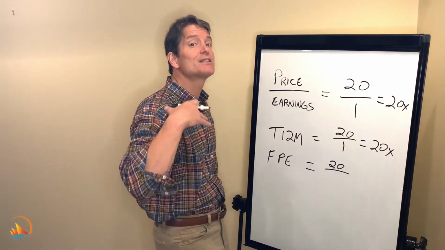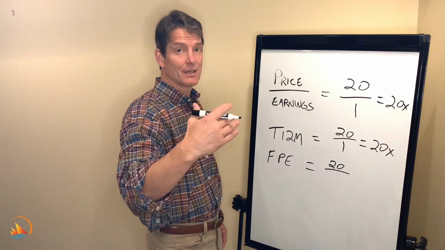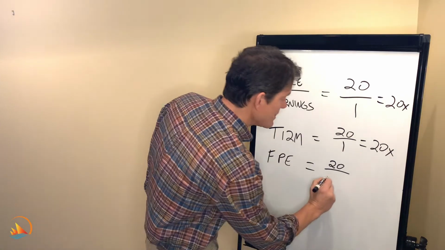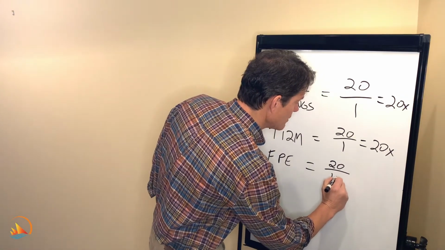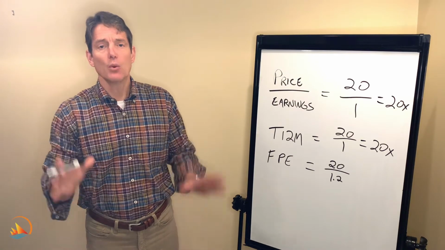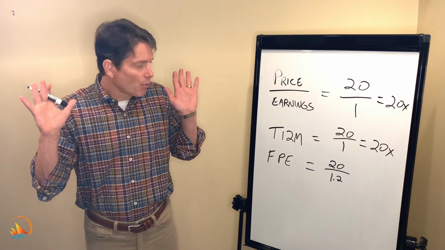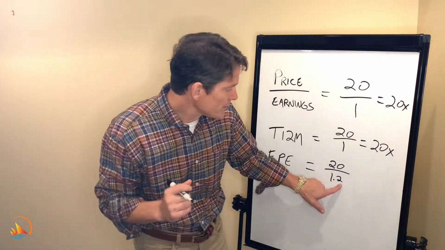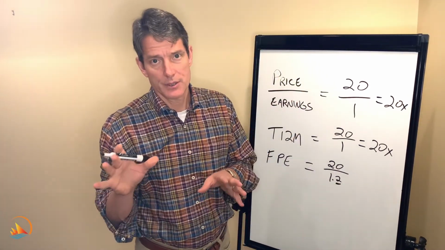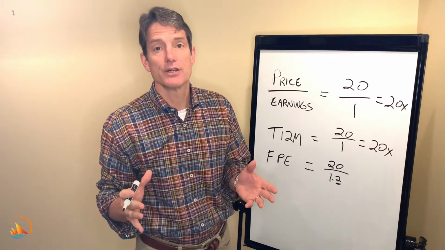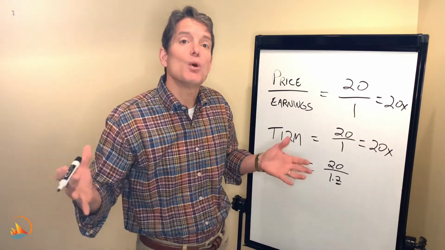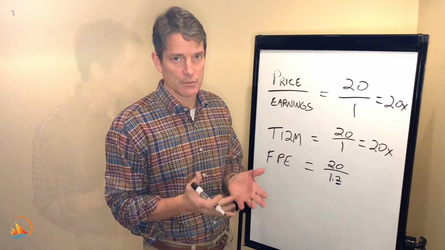It's what I expect, what I guess the next 12 months earnings will be. And that might be, say, 1.2. The point of this is that this 1.2 is what I am guessing, or what typically is the case, is they take an average of all the stock analysts on Wall Street and they say, what do they think earnings are going to be?